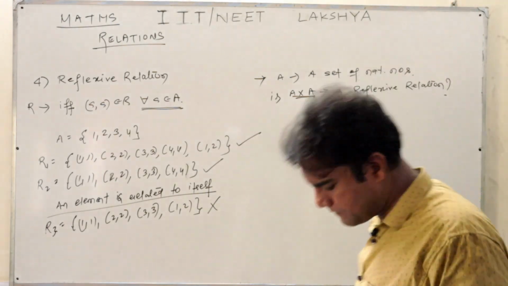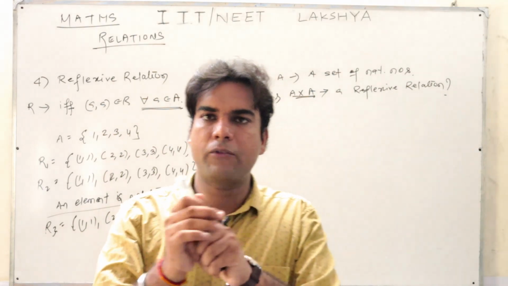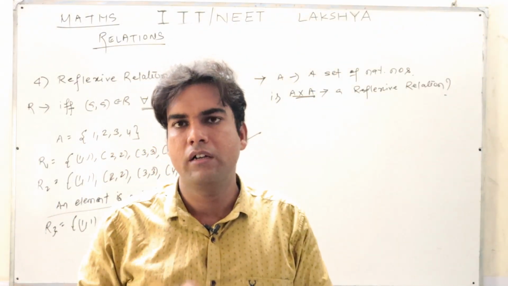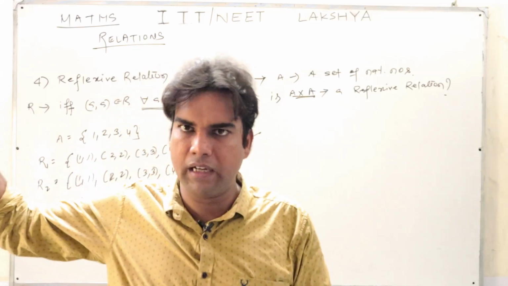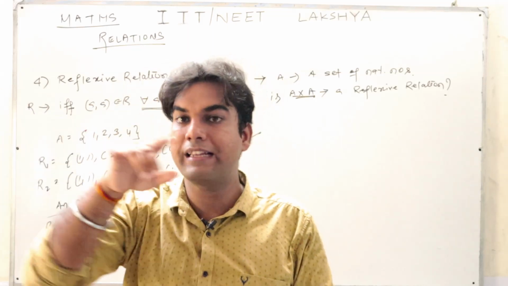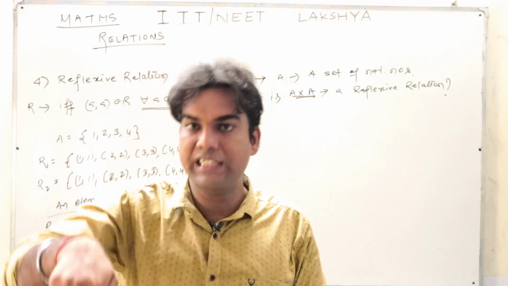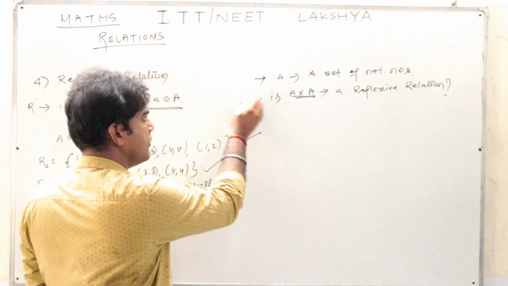This is my question. If you see carefully, your set A is the set of natural numbers, that is 1, 2, 3, 4 till infinity it will go. Now we are defining A to A. It means that 1 1 will be there, 1 2, 1 3 till infinity. Similarly, 2 1, 2 2 will also be there. Then 3 1, 3 2, 3 3 will also be there. Like that, if you see carefully, then yes, it is a reflexive relation.